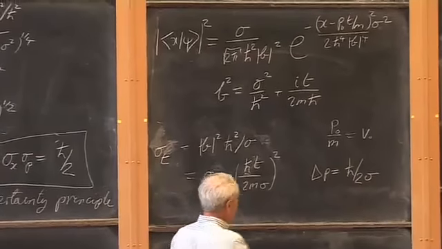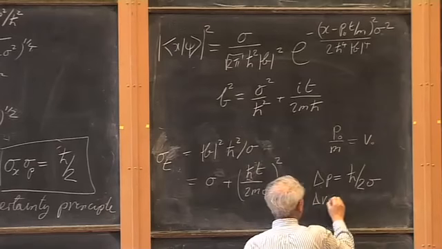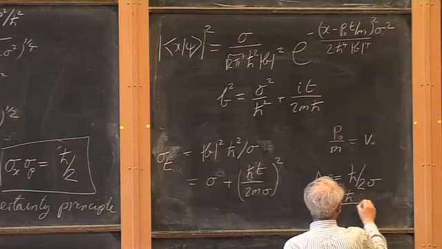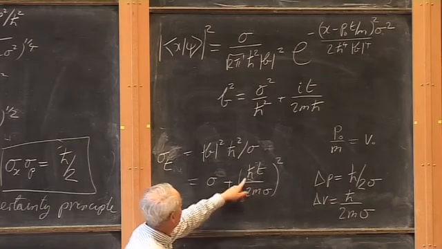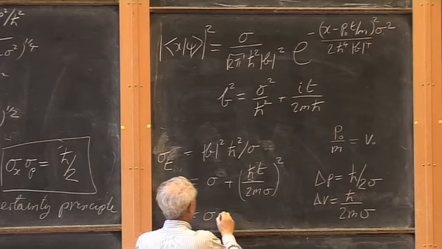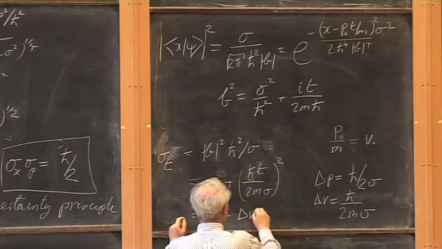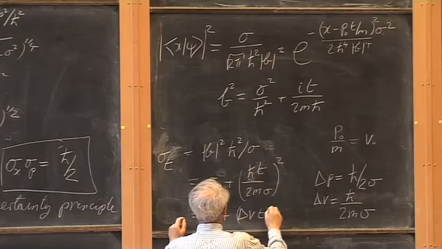So the uncertainty in the velocity was equal to h bar over 2 m sigma. So what's this? This is equal to sigma plus the uncertainty in the velocity times time.